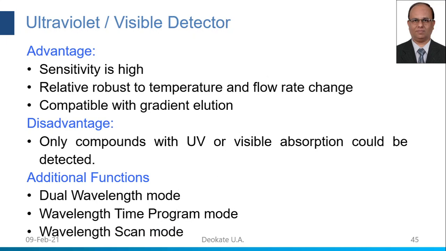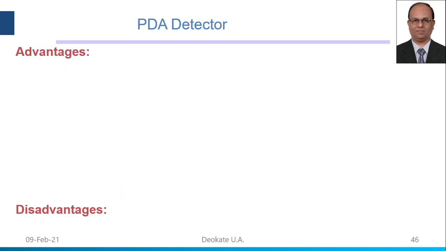Wavelength scan mode is most commonly utilized because if we do not know the lambda max of your separated compound, then we can go for wavelength scan mode. So this is the ultraviolet visible detector.